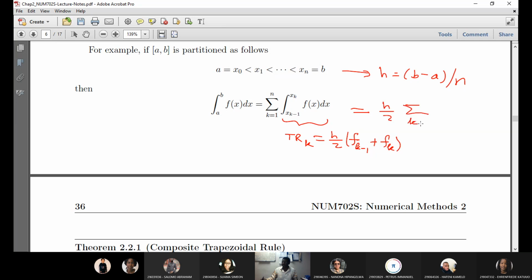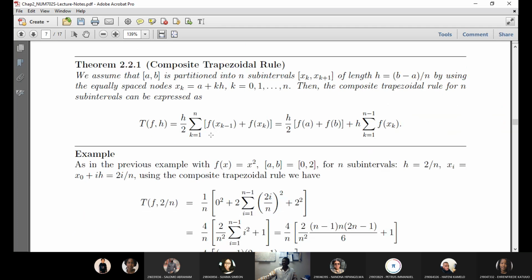Then we have this expression: h by 2 into the sum of f sub k minus 1 plus f sub k, which is exactly what you have here.